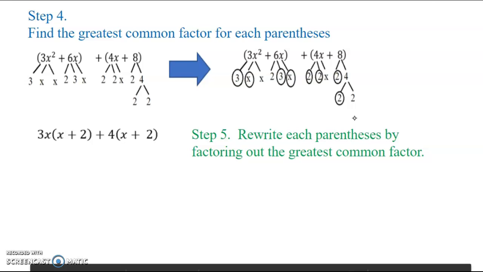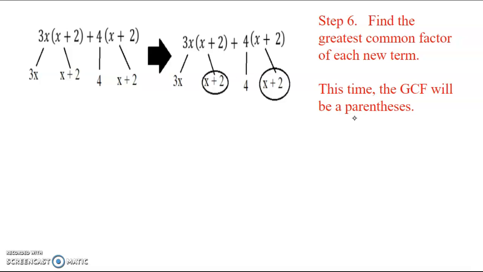All right, so this is what became of it. Then step 6 is to find the greatest common factor for each new term. So we've converted this. Now remember, 3x is being multiplied to x plus 2, and 4 is being multiplied to x plus 2. Notice that x plus 2 is being multiplied to the first part, and x plus 2 is being multiplied to the second part as well.